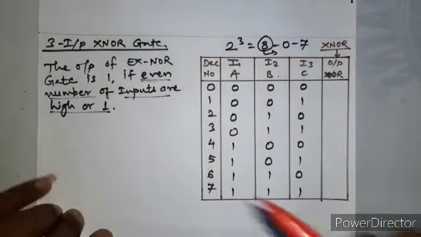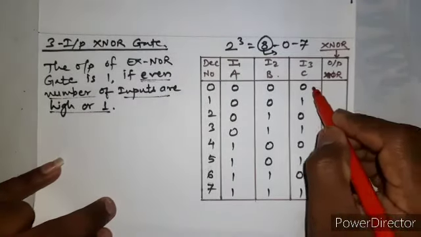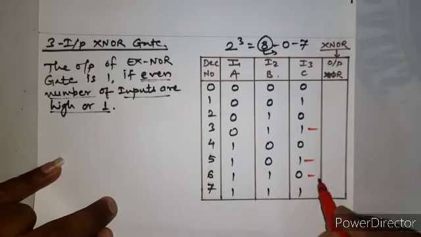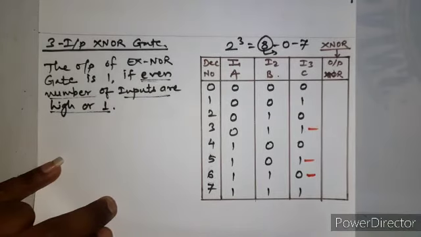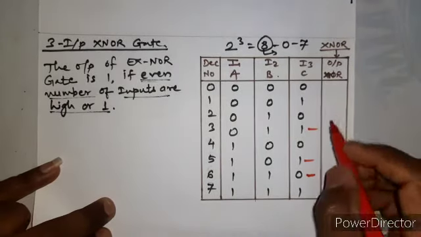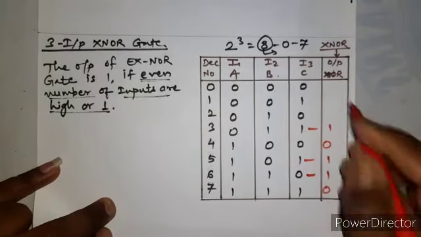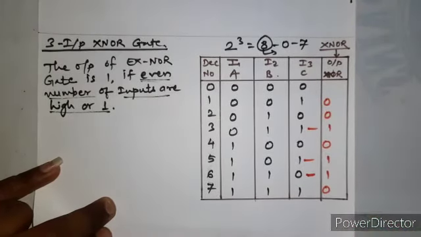So here we can write down this one and this one. This is 1, this is 1, this is 1, this is 0 0 0 0.